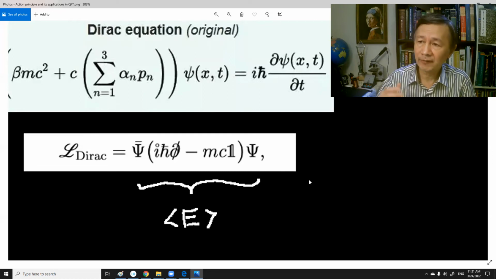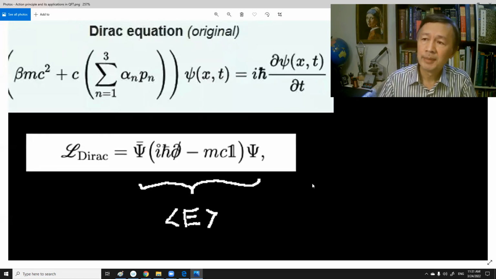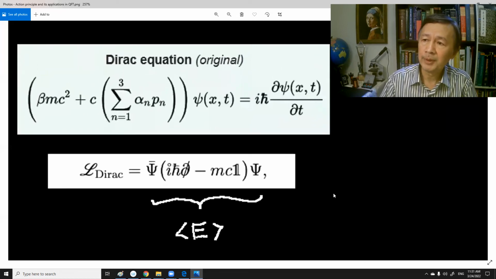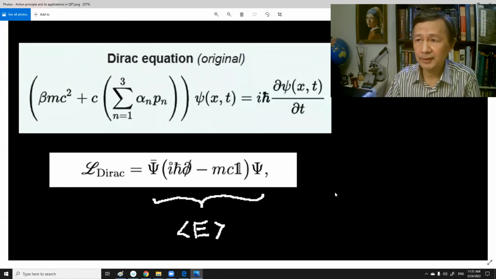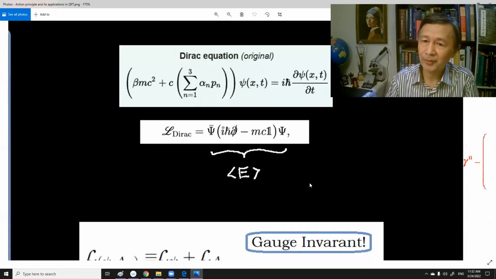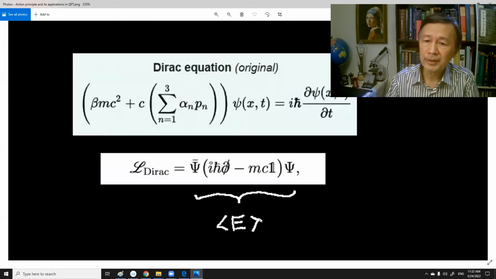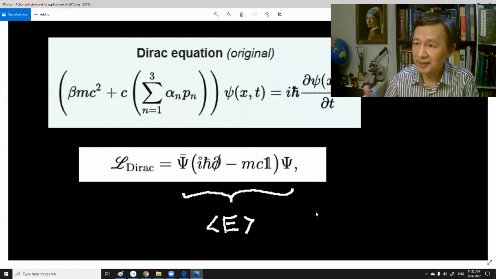This is a very important outcome from Dirac's equation. But if you look at this equation, you can simply argue that we can introduce what we call the Dirac Lagrangian for the Dirac equation, because this term, can you see this is a wave function? This term actually represents the expected value of energy.